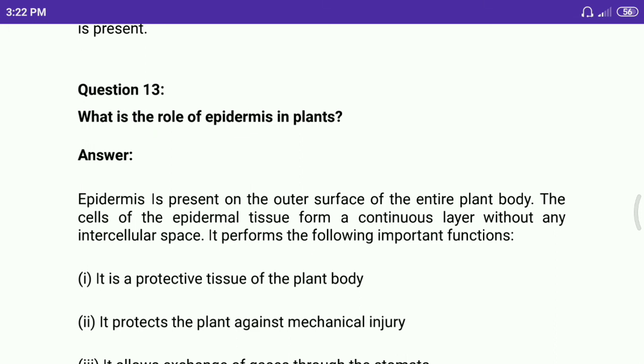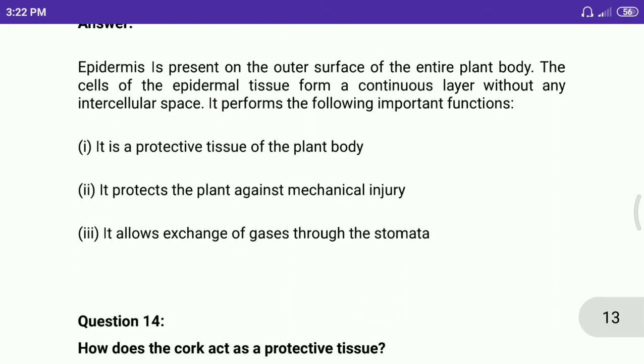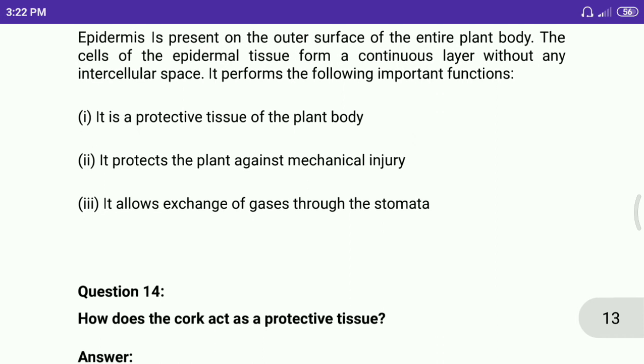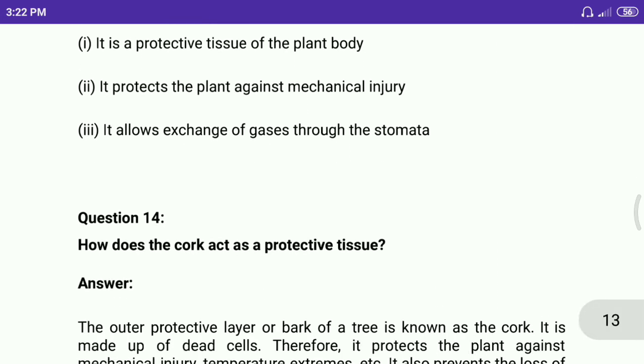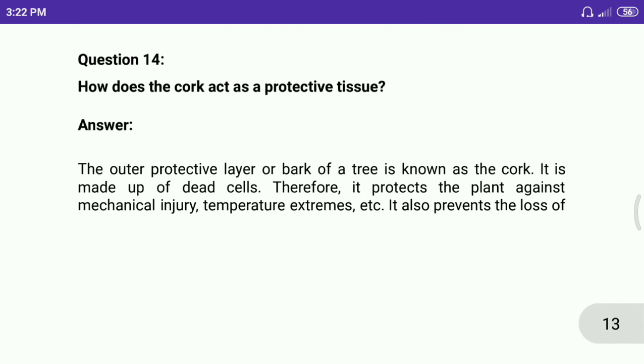It performs the following important functions. It is a protective tissue of the plant body. It protects the plant against injury. It allows exchange of gases through the stomata.